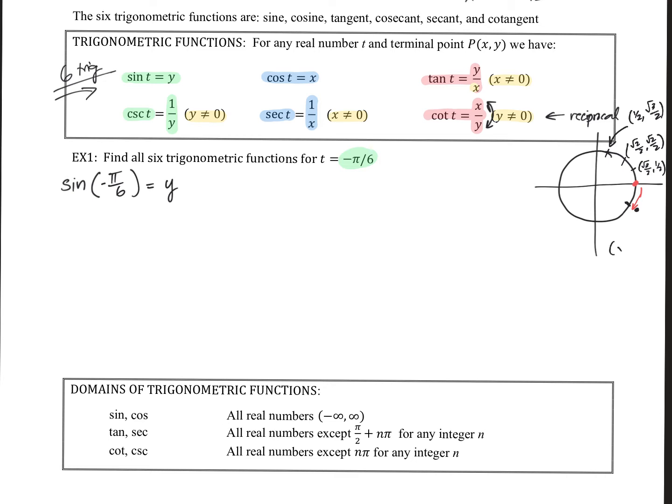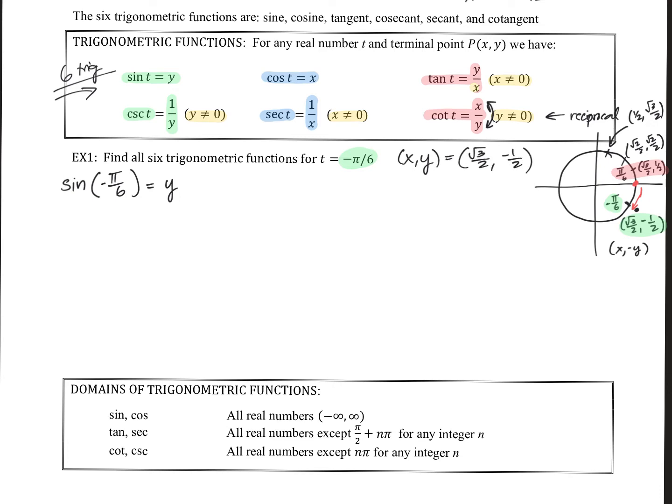Down here in quadrant 4, the y values are negative, which means our point for negative pi over 6 is going to be root 3 over 2, negative 1/2, because this is the original pi over 6. The original pi over 6, I'm going to highlight in red, but remember we went down. So we have the negative pi over 6, which is going to be this point here. So the coordinate points we're working with, x, y, are going to be equal to root 3 over 2, negative 1/2.